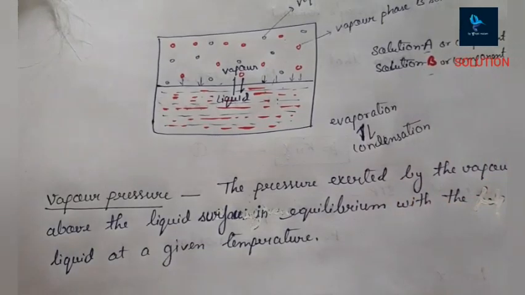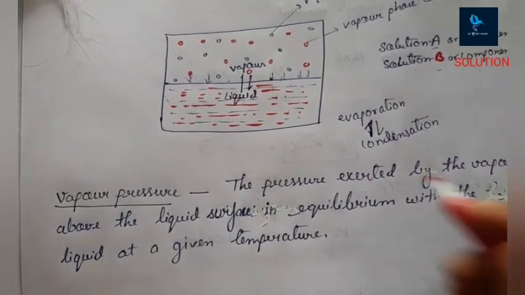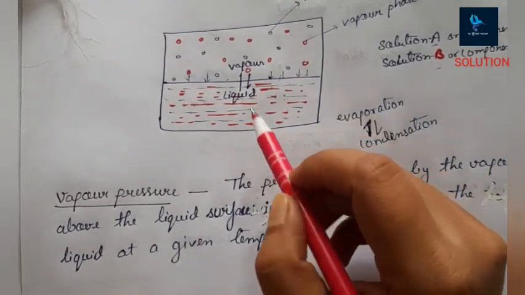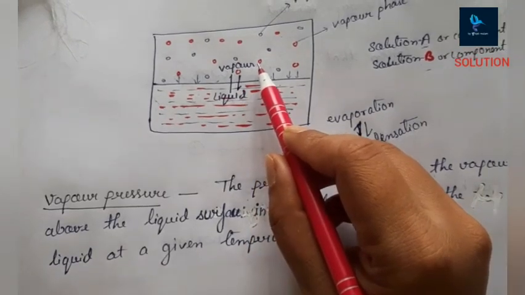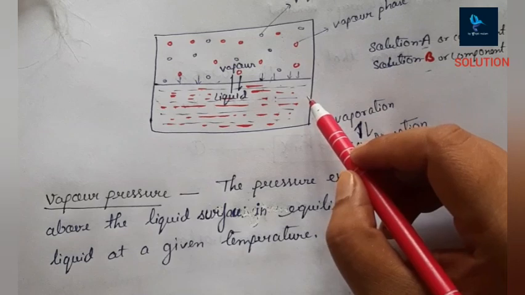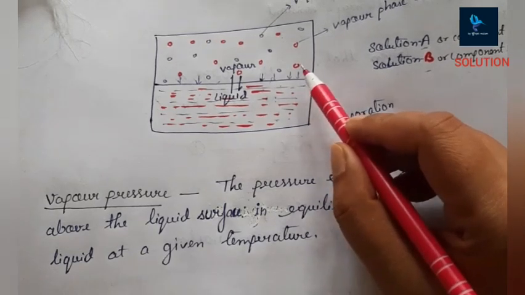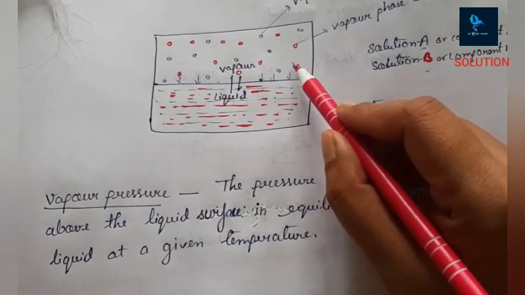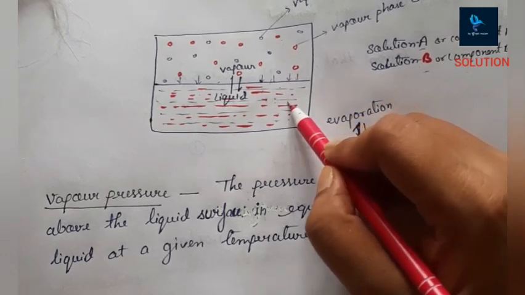Why is it called vapor pressure? Because the pressure comes from the liquid going upward as vapor, and later after condensation it goes downward.